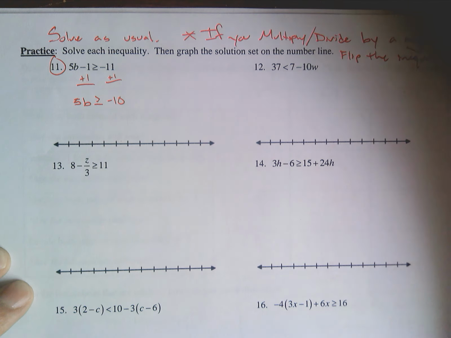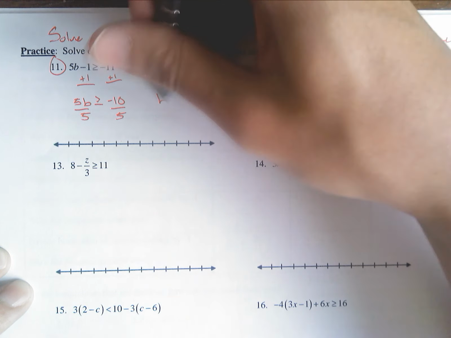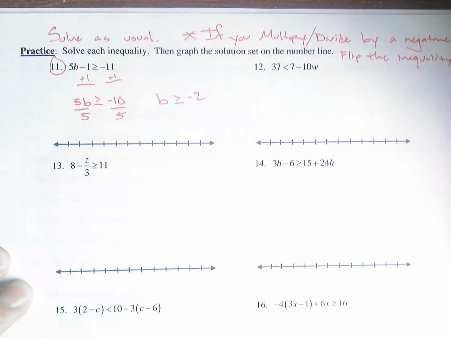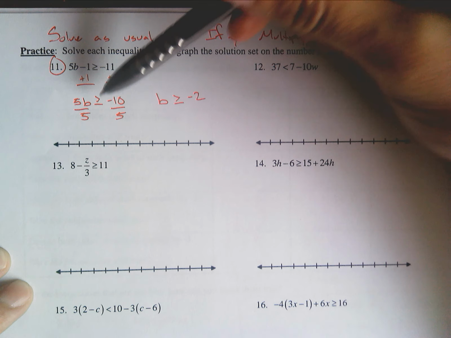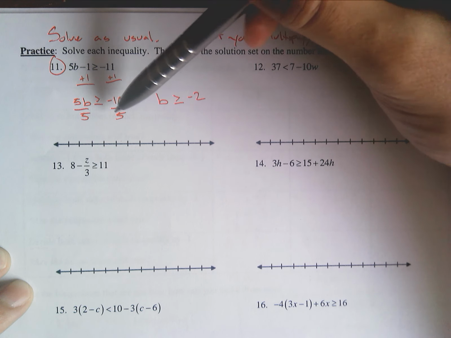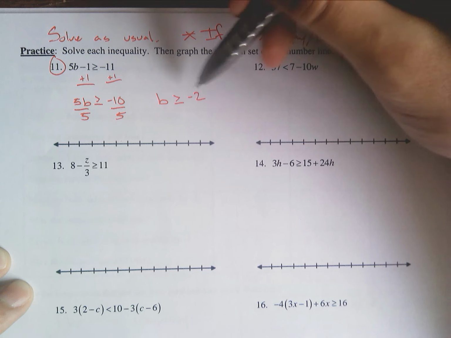One more step, we divide both sides by 5, and we get b is greater than or equal to negative 2. Now notice that I didn't flip the inequality here. The reason why is we're dividing by a positive. Dividing by 5 is positive, so we don't have to flip the inequality, even though our solution is negative.